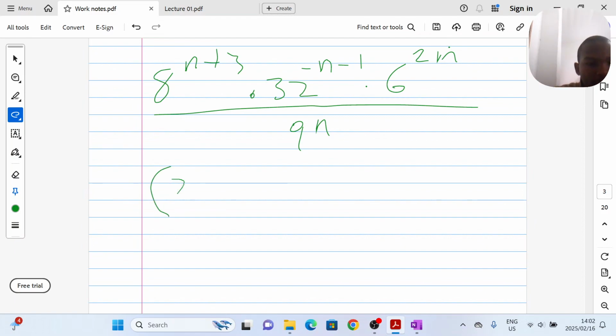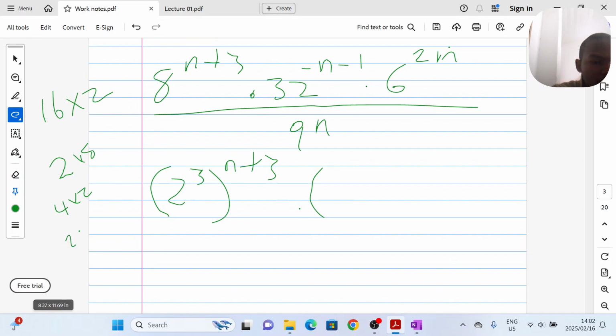So 8 is the same as 2 to the power 3, and n plus 3 times, what is 32? 32 is 16 times 2, and we know that 16 is the same as 2 times 8, and 8 is the same as 4 times 2, and then 4 is the same as 2 times 2, which means that 16 is the same as 2 to the power 4 times 2.